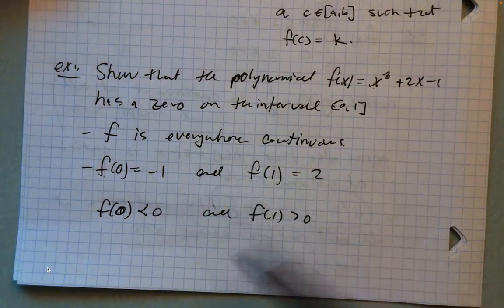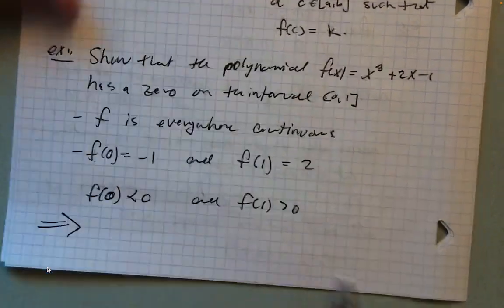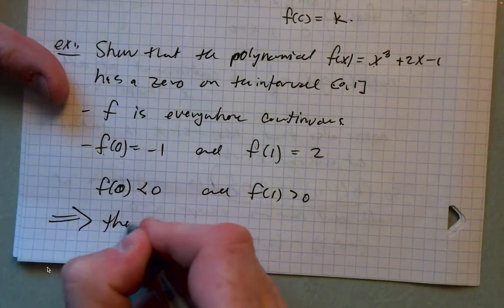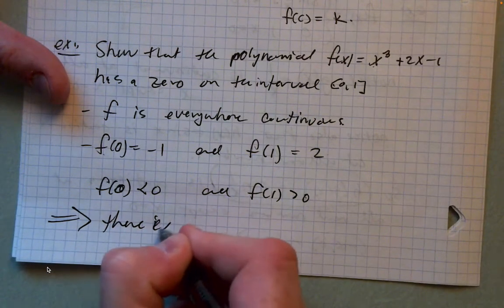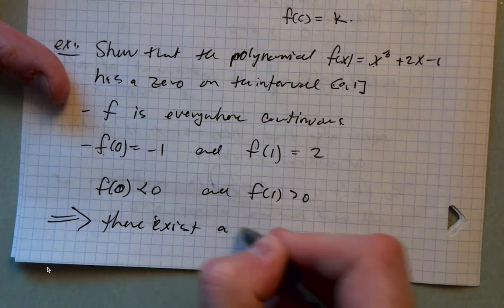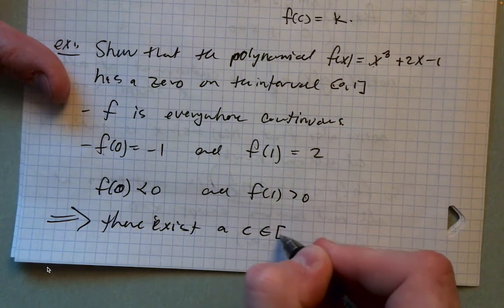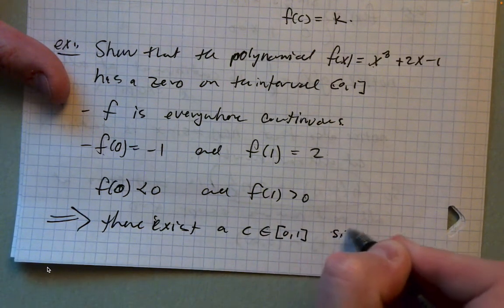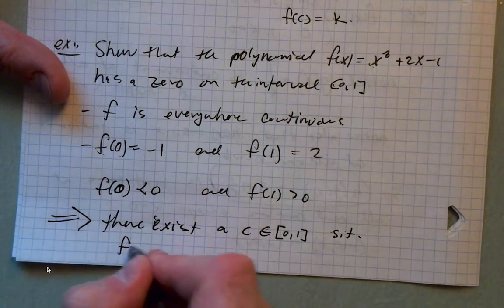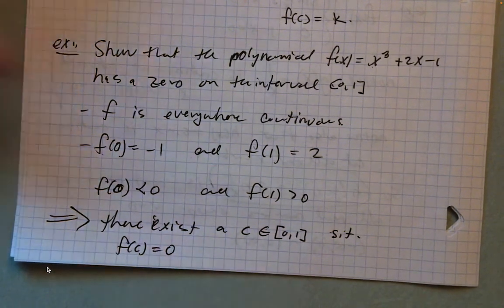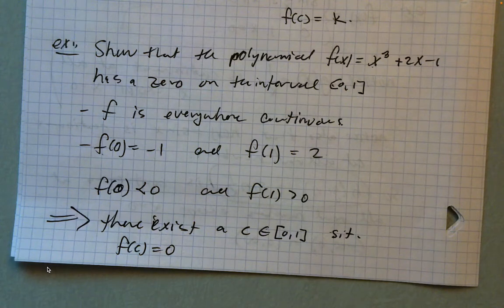And so that implies there exists a c in 0 to 1 such that f of c is equal to 0. And that's what we mean by a 0 of a polynomial: there's going to be some number which satisfies the equation f of x equals 0.